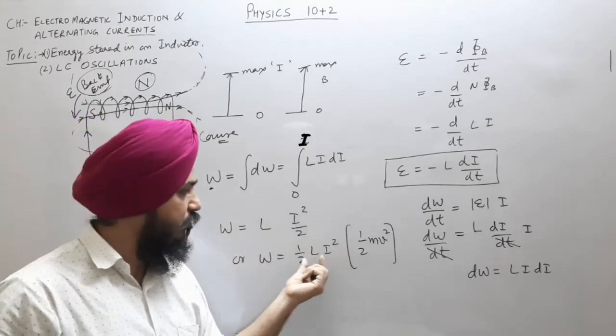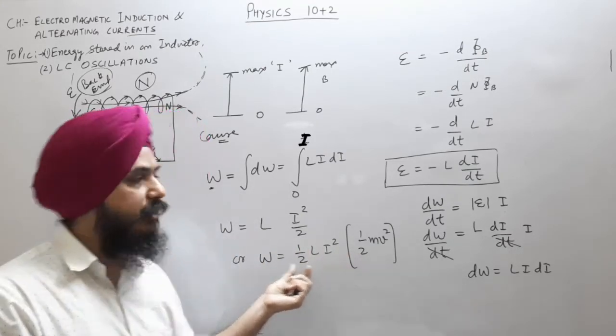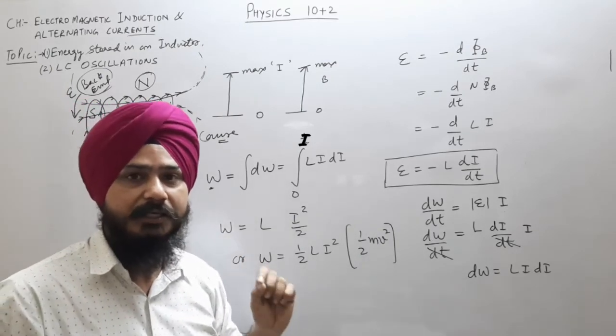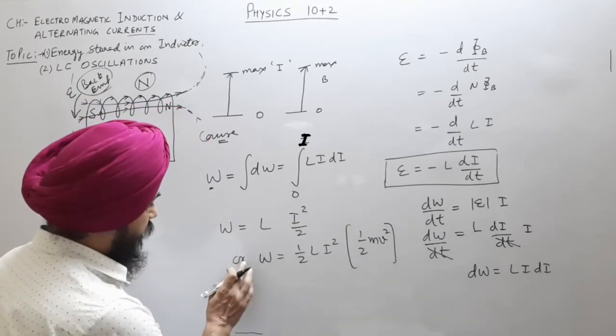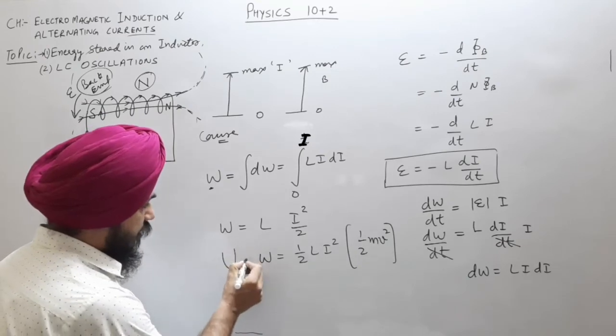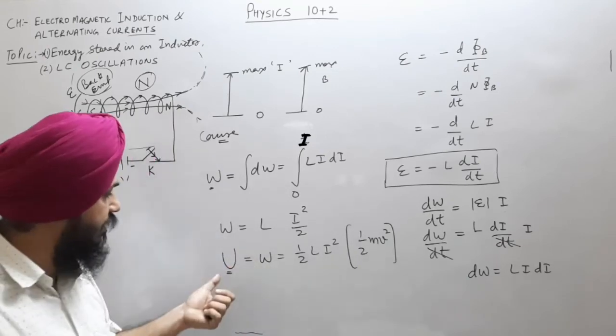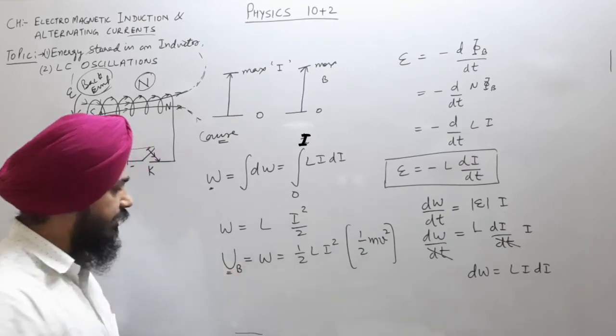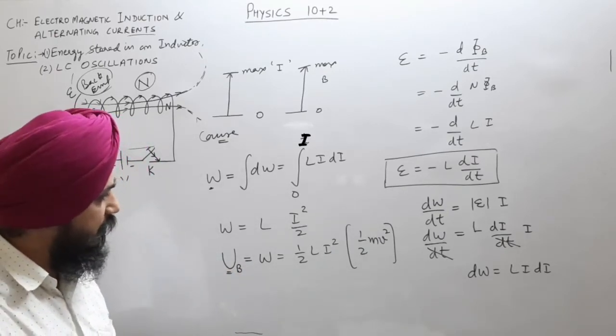So this much work done is stored in this inductor in the form of its magnetic energy. It can be written with the symbol of energy U, or more conveniently, U_B.